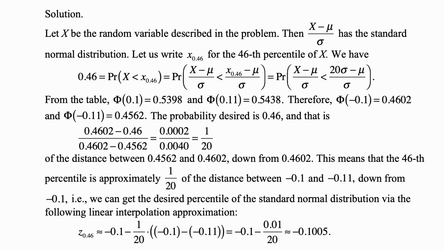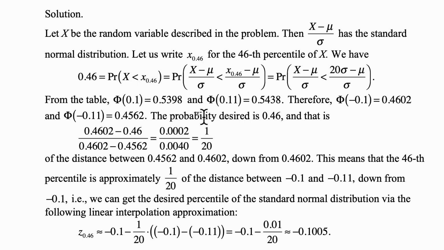By the way, we're not given the values for negative numbers in the table. That's why I looked at these, because 1 minus 0.46 is 0.54, and phi of minus z is equal to 1 minus phi of z.